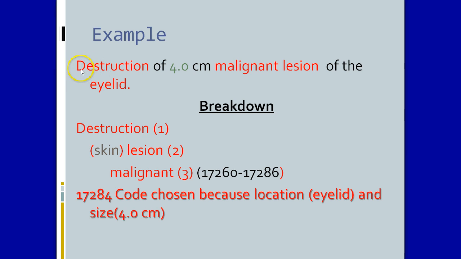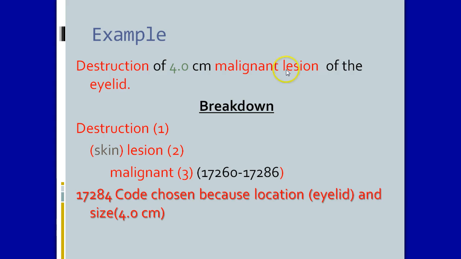Well, we would ask ourselves what, which is destruction, number one, and the subterm, that it is a lesion. And not only is it a lesion, but it is a lesion on the skin. What I have here in parentheses, and whenever you see me put something in parentheses, that means that it is applied or implied that it's on the skin.